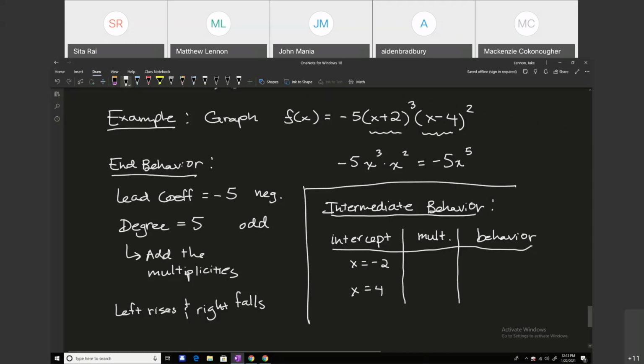The multiplicity of each one is the power of that factor. So the multiplicity of -2 is 3, and the multiplicity of 4 is 2. Now the behavior, remember, it crosses if the multiplicity is odd, and it bounces if it's even. So we see that it crosses here and bounces here.